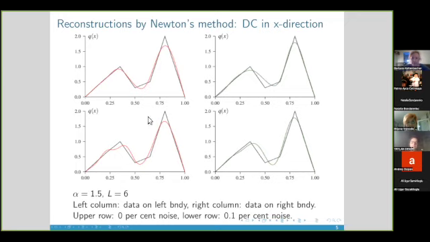And this is visible actually in all these pictures. Whereas here, if we measure at the left-hand endpoint, also down here, in some cases, this shadowing effect will be a bit less pronounced. So this was reconstructions with the DC derivative in x direction starting at 0.